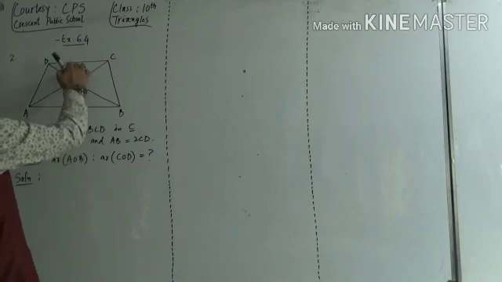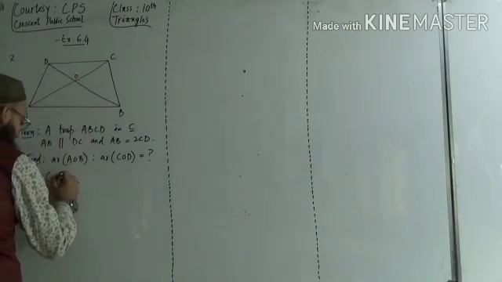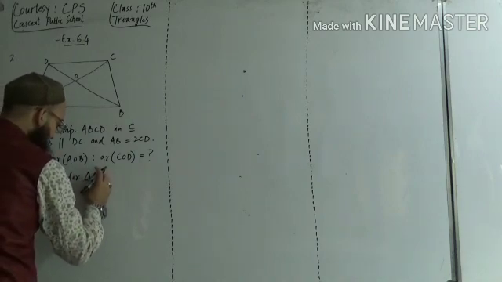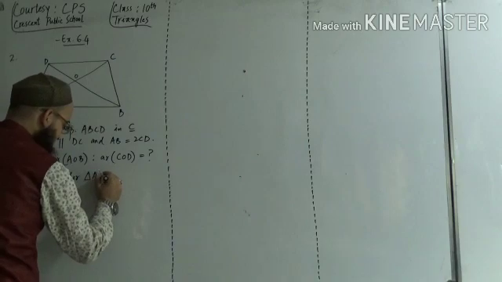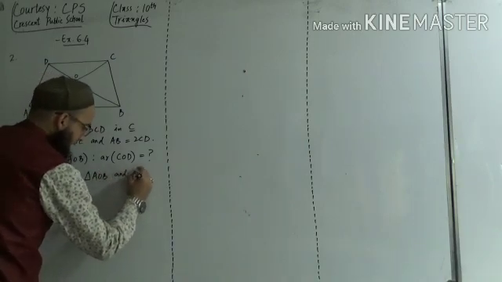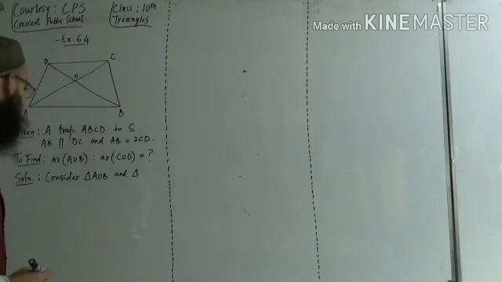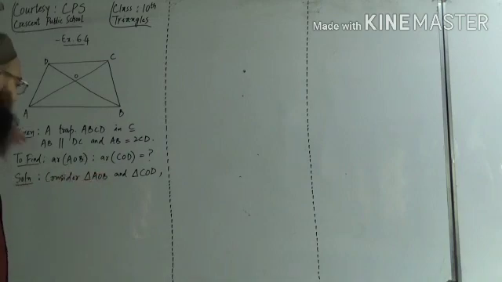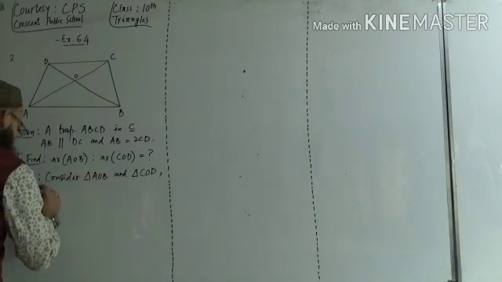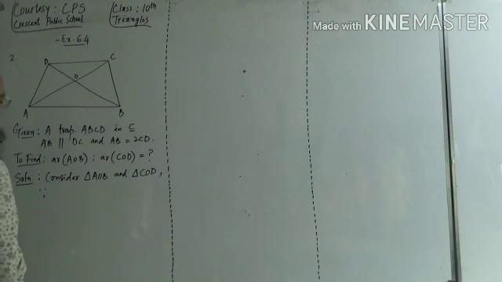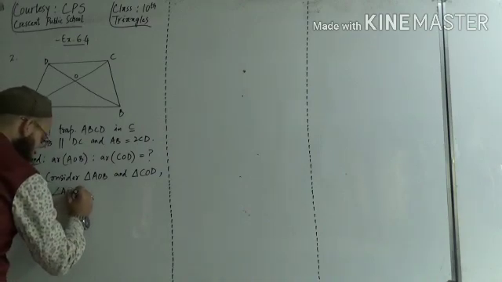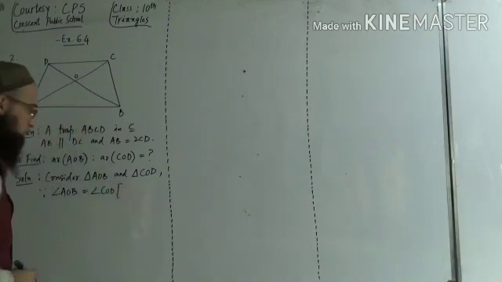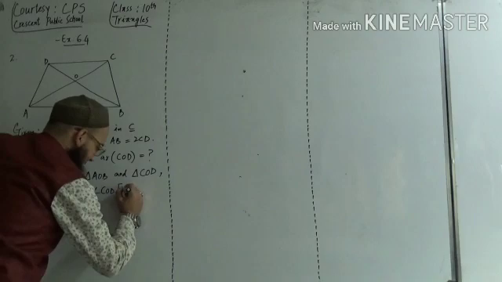Let us consider these two triangles, triangle AOB and triangle COD. Since angle AOB is equal to angle COD, why?